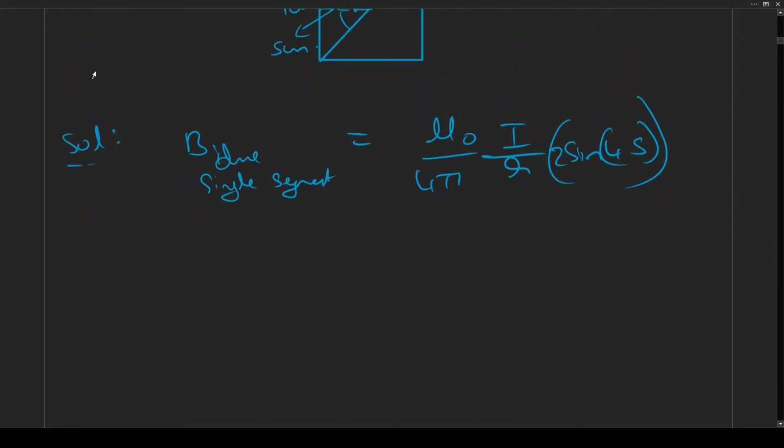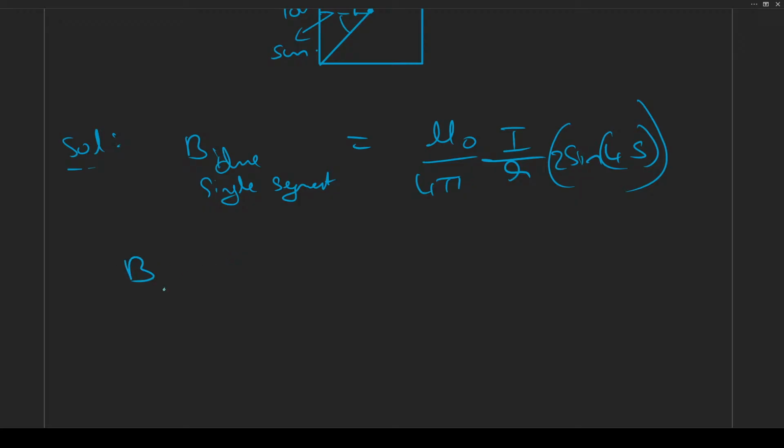Now since due to all segments, B net at center will be equal to 4 times mu naught by 4 pi into I by R, 2 sine 45 degree.